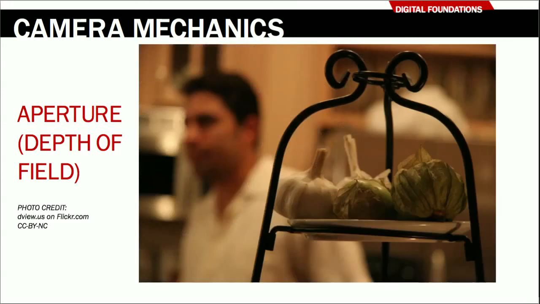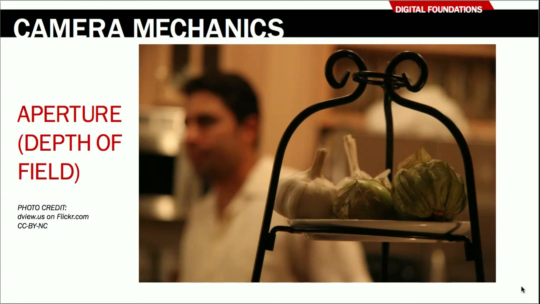This was an image that I found on Flickr, thank you to dview.us. And here we also have a very shallow depth of field, right, where the garlic is in focus and the chef is very much blurred. So if you can open your aperture wide, you will get this ability to have a focal point with a sort of blurry context or blurry surrounding due to a shallow depth of field.